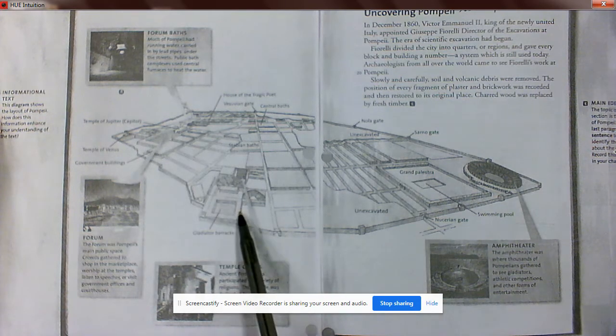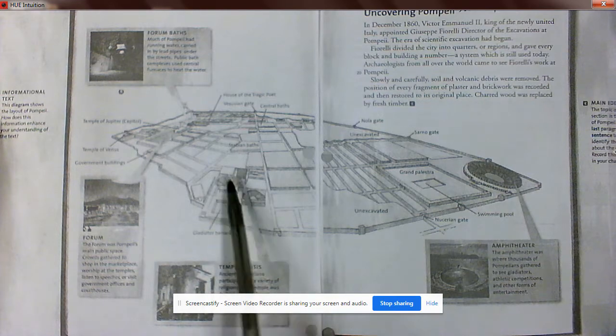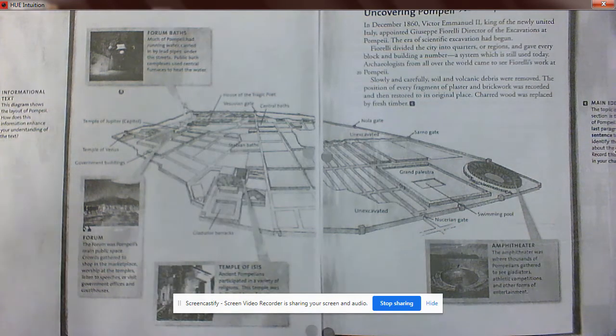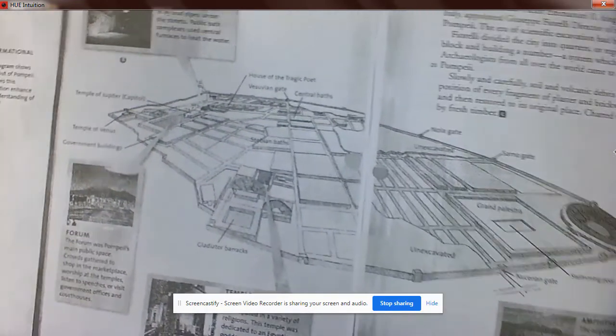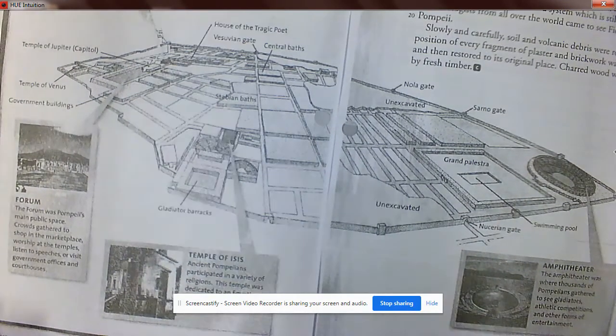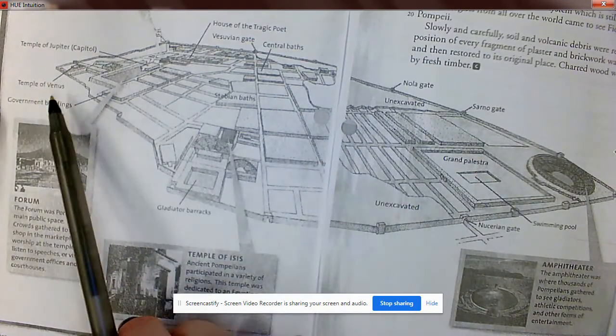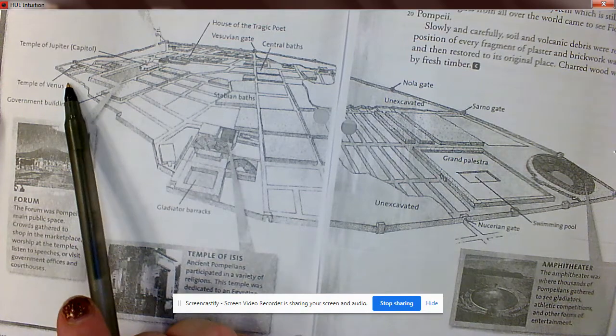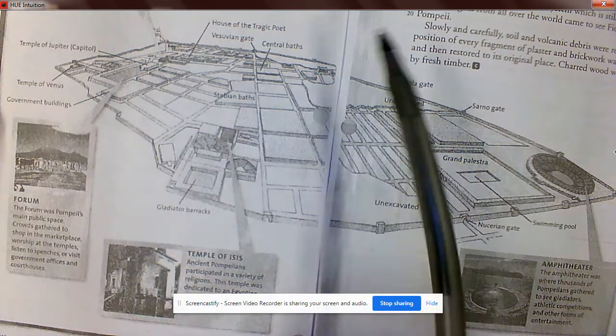Gladiator barracks. I don't know if you've ever seen that movie Gladiator with Russell Crowe, but it's a great movie. So I know what a gladiator is. The government buildings, the Temple of Venus, and I know somewhat of Greek and Romans, and they believed in gods and goddesses, and Temple of Jupiter, so that's what those are.